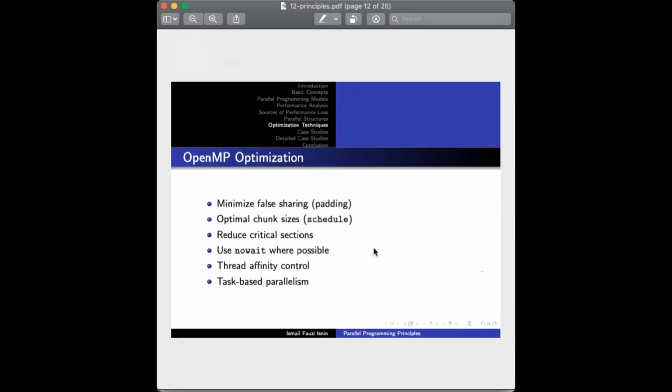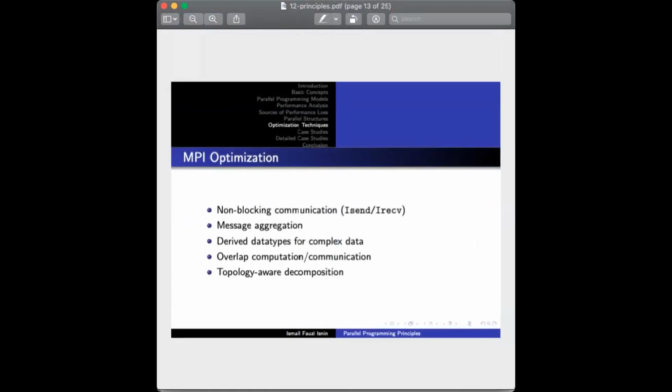Okay, so this is the OpenMP optimization. And then for the MPI optimization, when optimizing for a distributed memory system like using MPI, the primary objective is to manage network traffic efficiently.